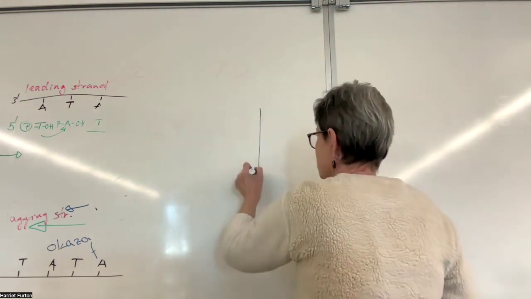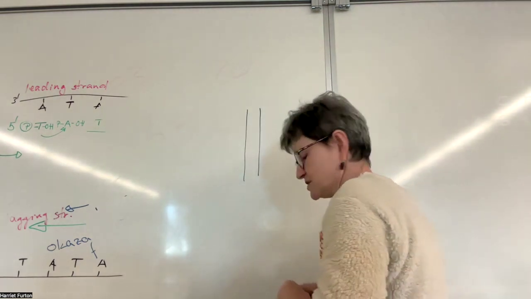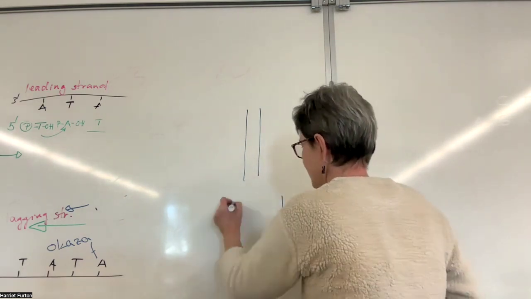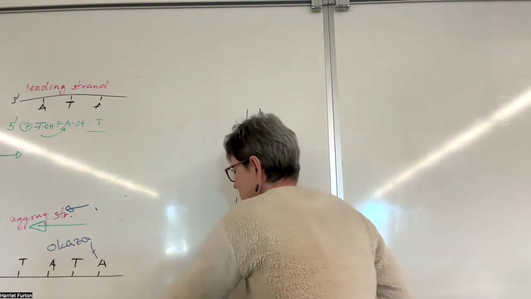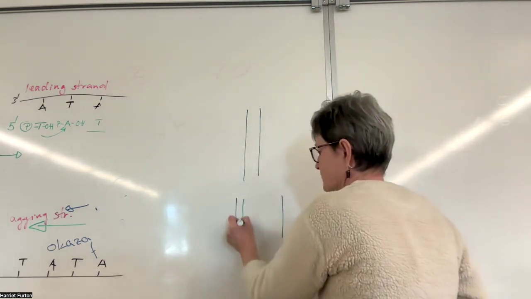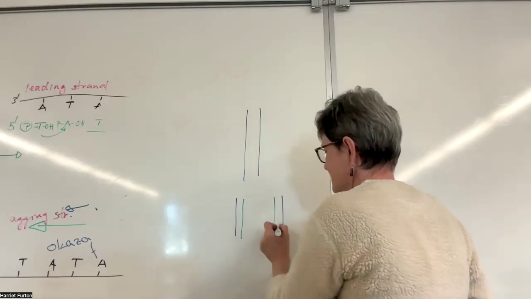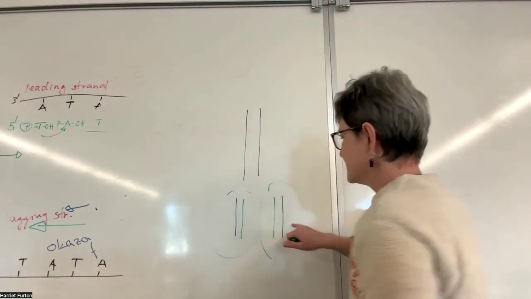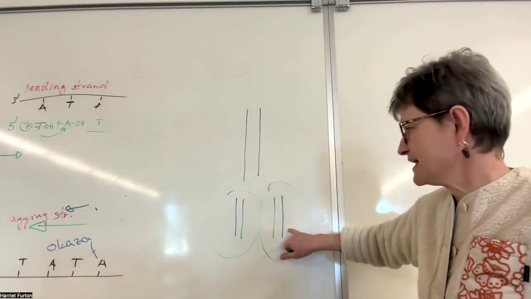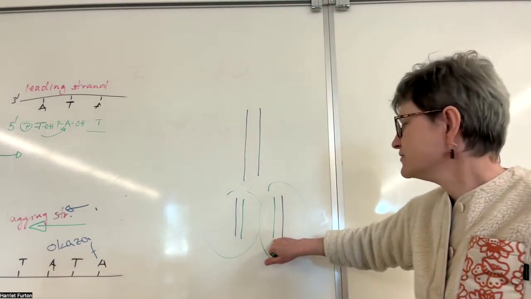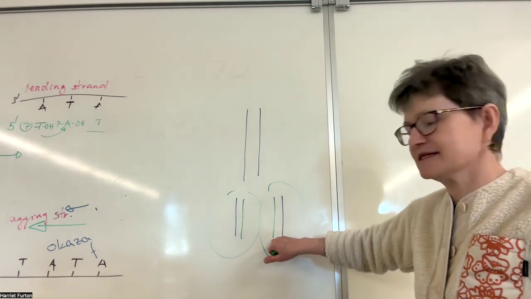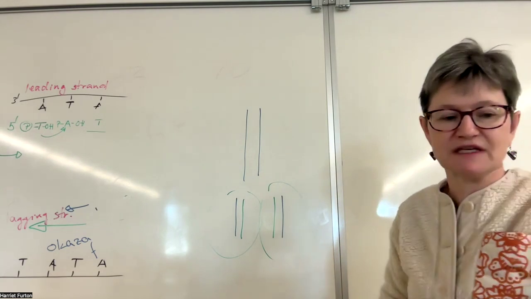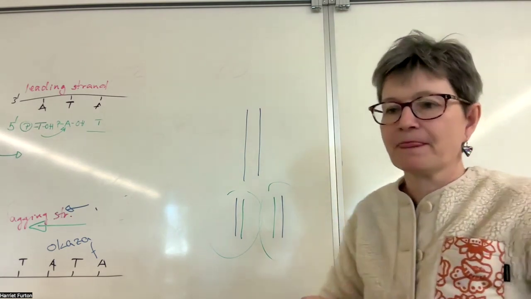We have the original DNA, these are the originals, and they will separate by helicase, and new strands are going to be made in here. So the new cell contains one original DNA and one newly made DNA in the cell. That means semi-conservative replicating method.